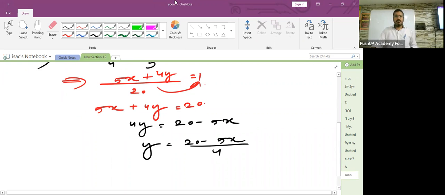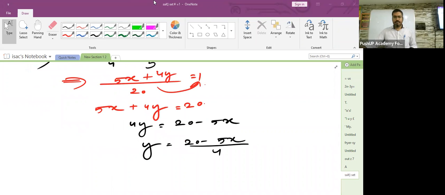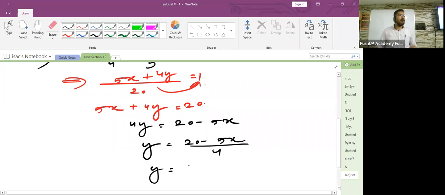Now, individually dividing the terms in the numerator with the denominator: 20 by 4 minus 5x by 4.